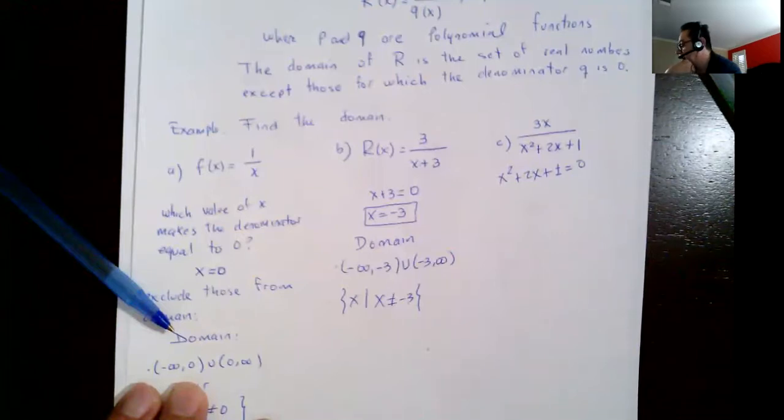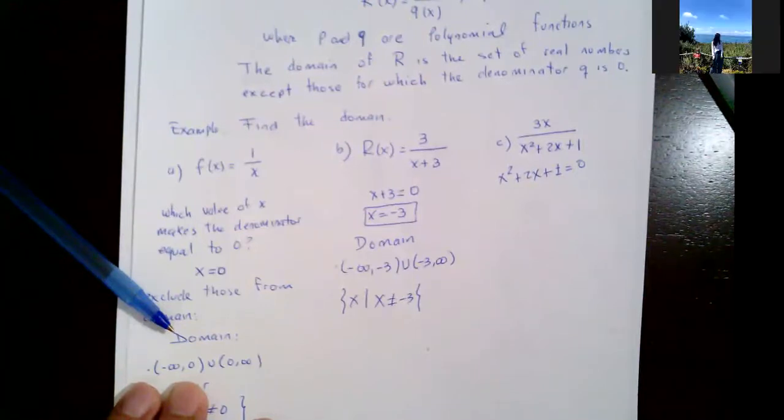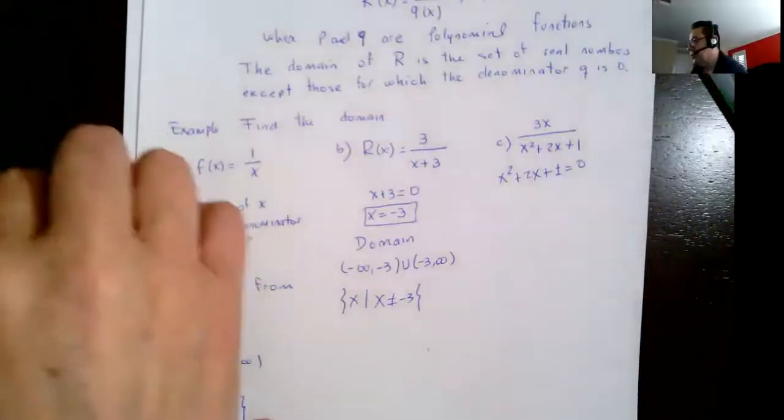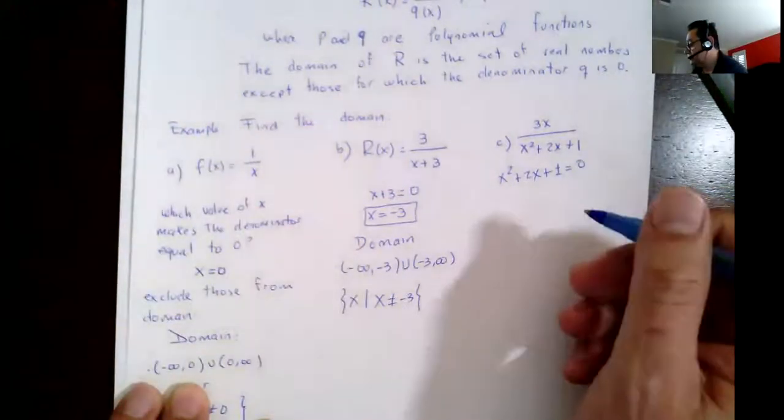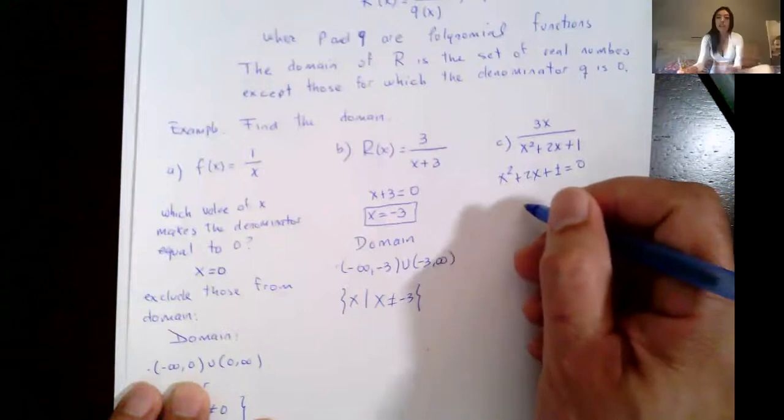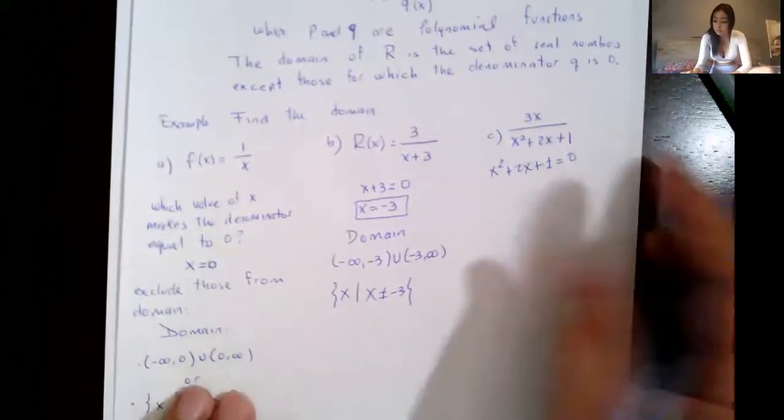All right, so let's factor x squared plus 2x plus 1. Try big X. Let's see if that works. Is it -1? Let's give it a try.